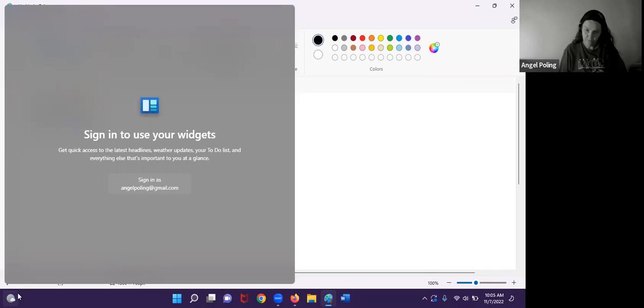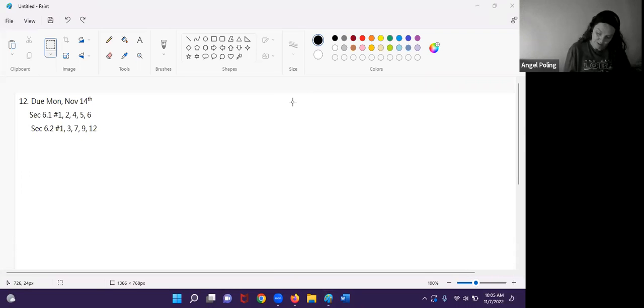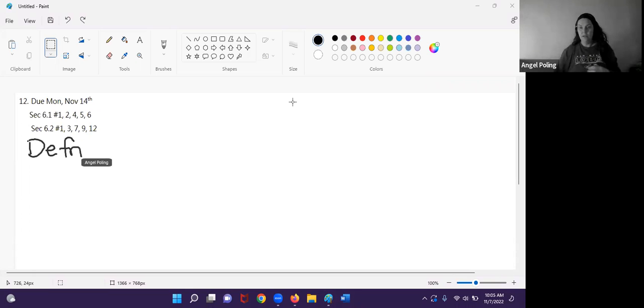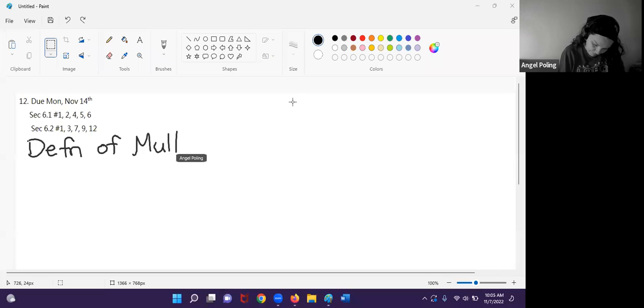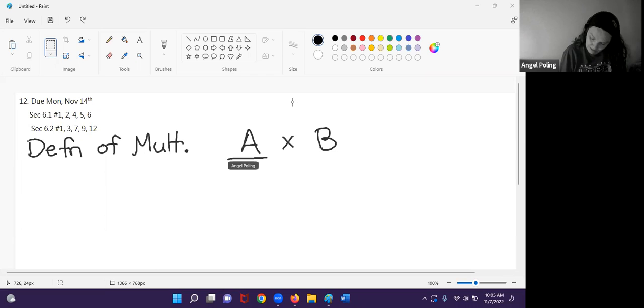Okay, so the definition of multiplication, which you should be getting comfortable making yourself use. We've got A times B, and A is the number of groups.